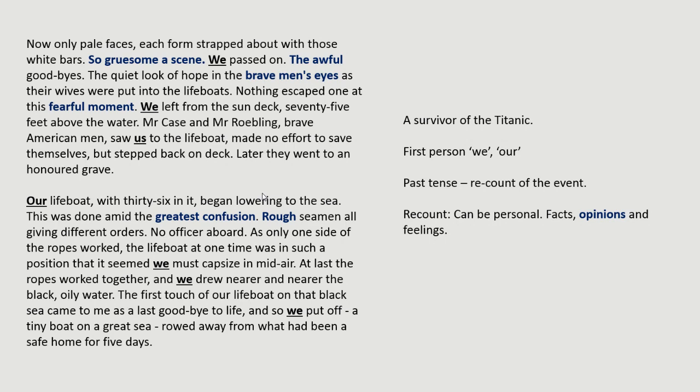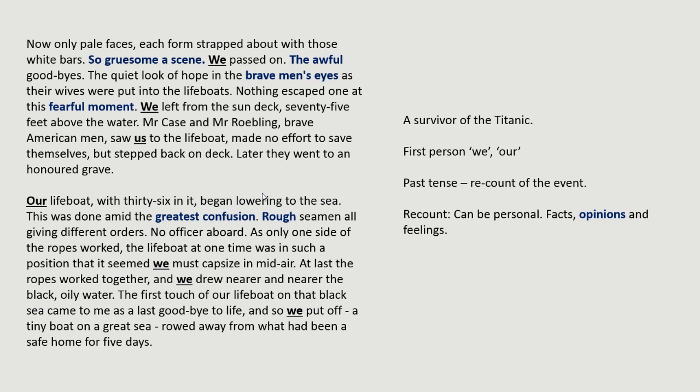If you agree with a writer's opinion, doesn't mean it's a fact. Now be careful, because sometimes writers will write an opinion and disguise it as a fact. So just watch out for, even though you agree it's probably a very gruesome scene, it's still an opinion.